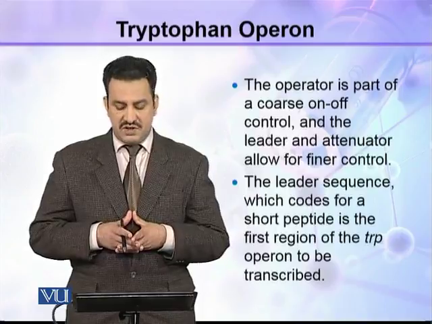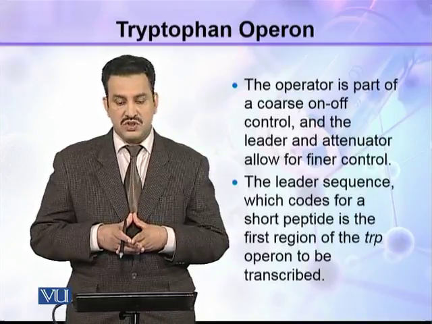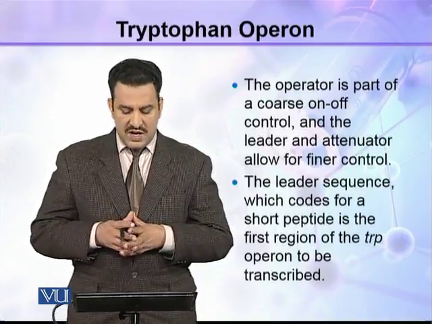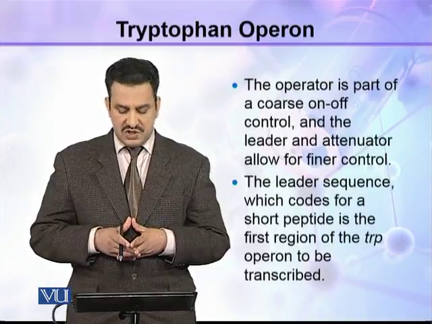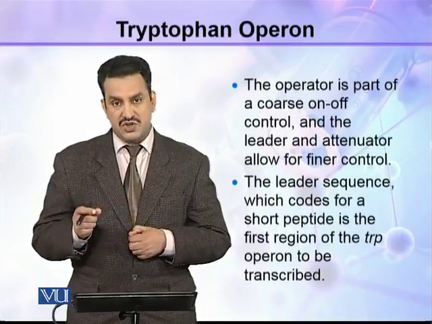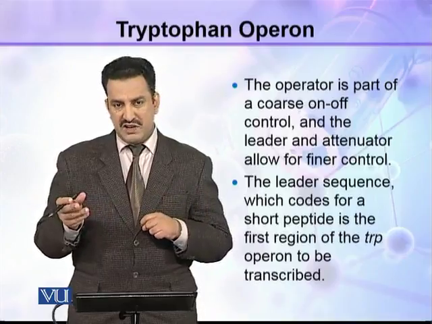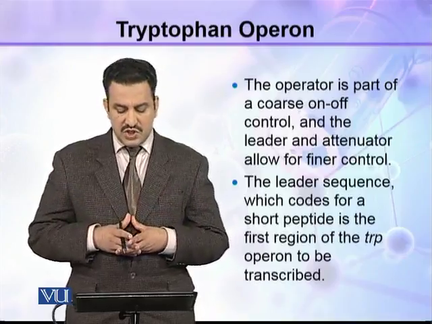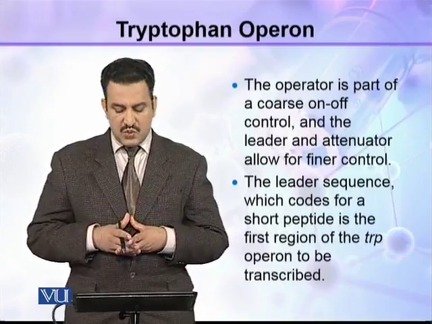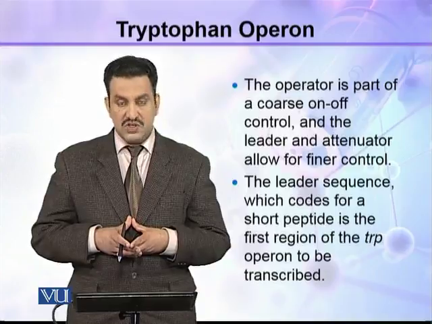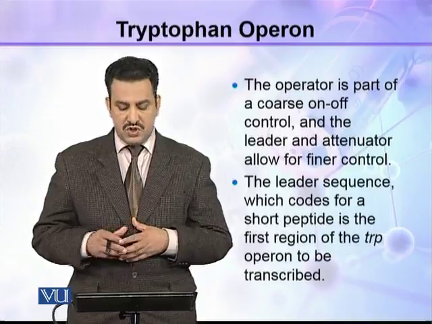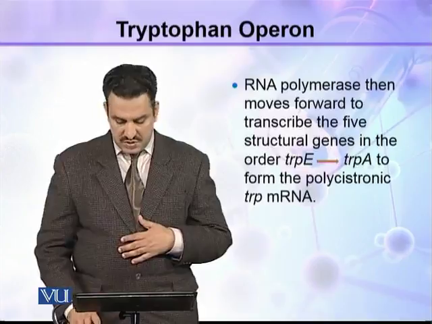The operator is part of a coarse on-off control, and the leader and attenuator allow for finer control. So there are two kinds of control, coarse control and finer control. The leader sequence, which codes for a short peptide, is the first region of the trp operon to be transcribed.